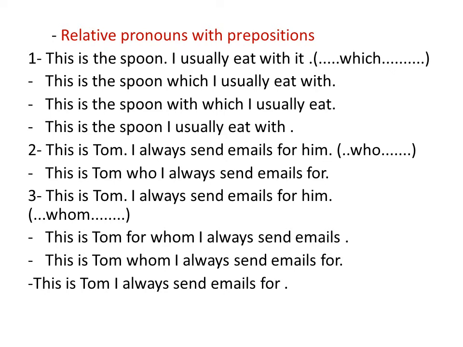The repeated noun here is him, and him is an object, so we can omit the relative pronoun. But if the repeated noun is the subject of the second sentence, we can't omit the relative pronoun. So take care of this point, my dear students, because this is an important question you can find in your exams.